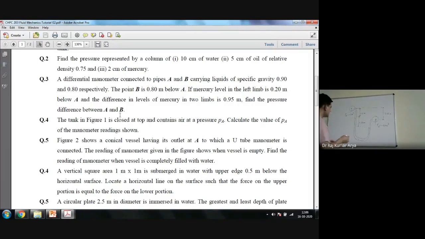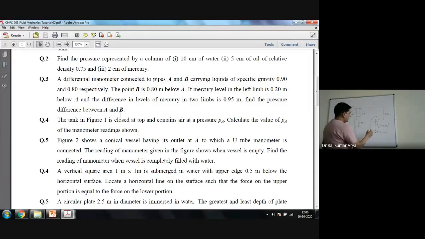Okay, so this is your figure, and if you write the equation for that, this would be PA. You are coming down here, so it's plus rho A G times 0.2 plus 0.95.